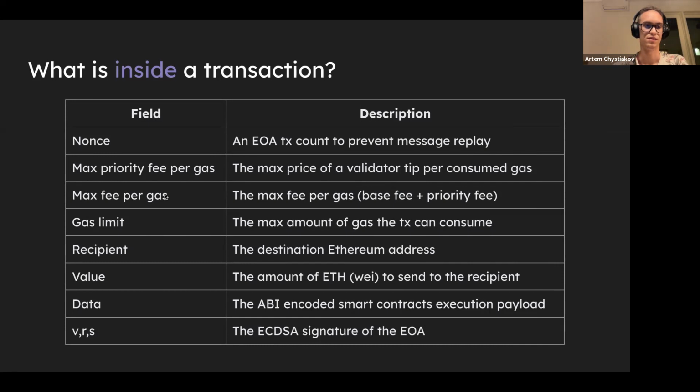And then there is a second one. This variable stands for the sum of the priority fee plus the base fee of the block. So after the London hard fork, the base fee of the block was introduced. We have covered this slightly in the previous lecture, and this is how Ethereum maintains its load.